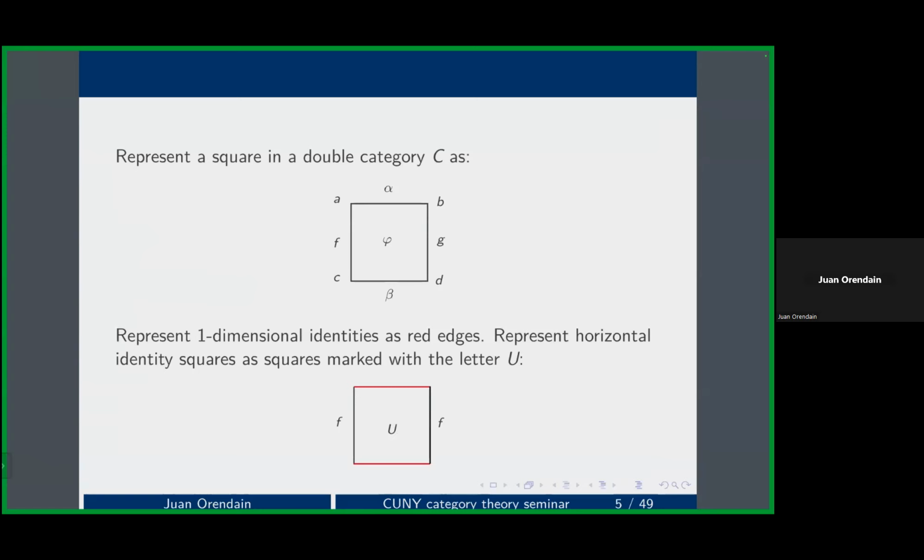So you have a vertical morphism F. Then the unit square of F will be a square of this form. This would mean that the top and bottom arrows are identities. Okay, so this is a very important class of squares. This is the identity with respect to horizontal composition. You compose the squares horizontally, you put them together, and vertically.